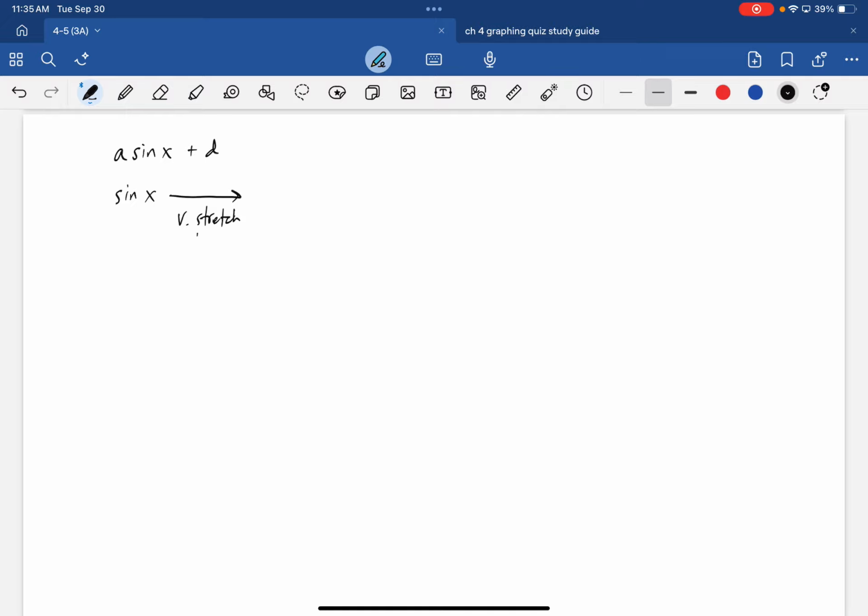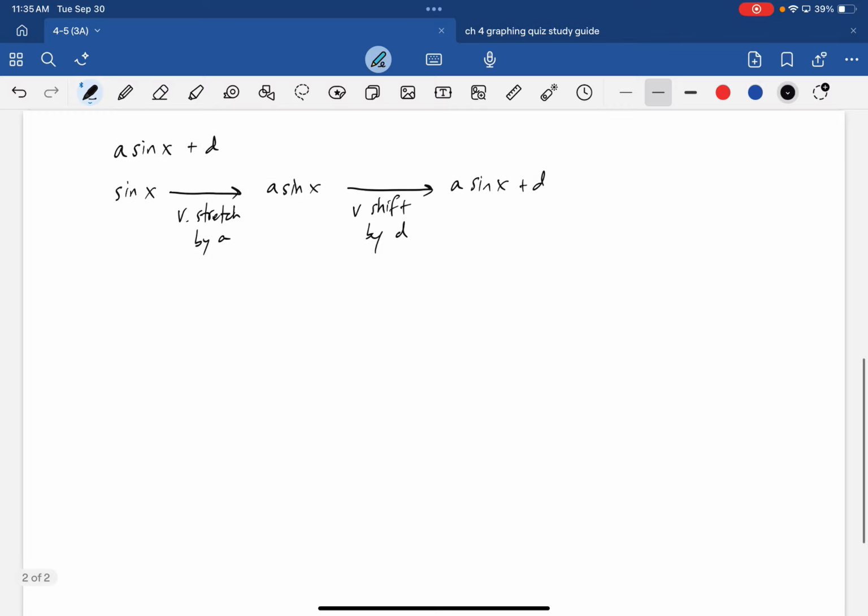We all remember this. That brings us to a sine x. And then the next transformation would be a vertical shift by d. That would bring us to a sine x plus d. So that's vertical shifting and vertical stretches.